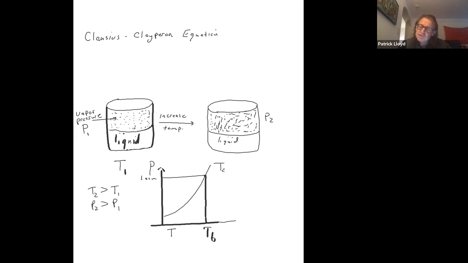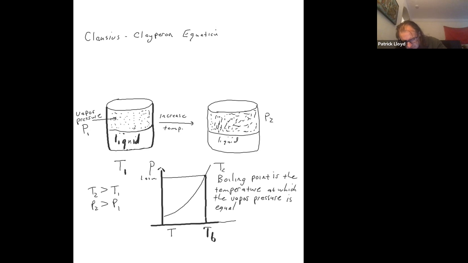is the temperature at which the vapor pressure above the liquid is equal to the external pressure, the pressure of the atmosphere. So the boiling point is the temperature at which the vapor pressure is equal to the external pressure.